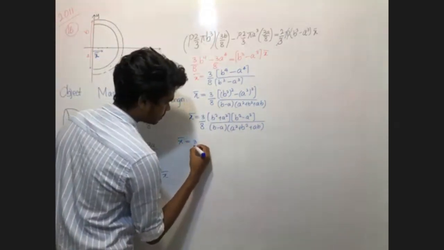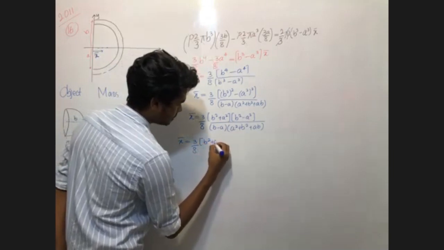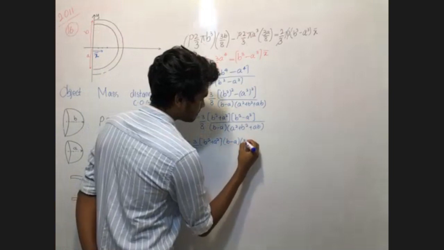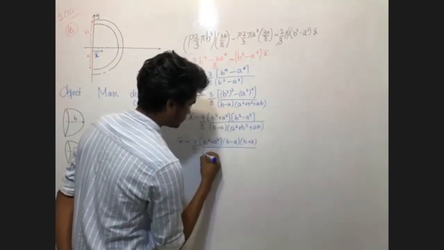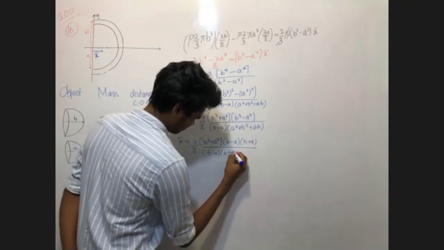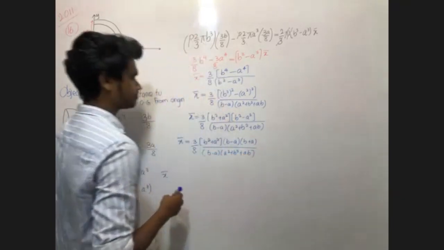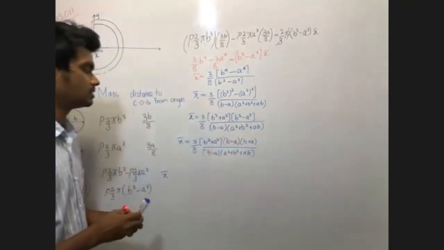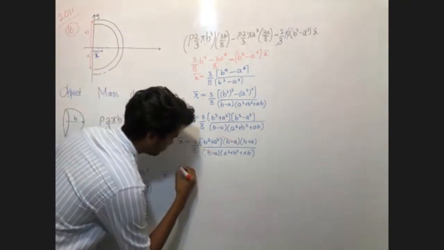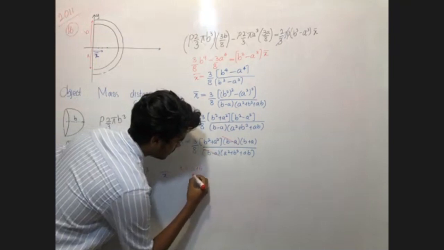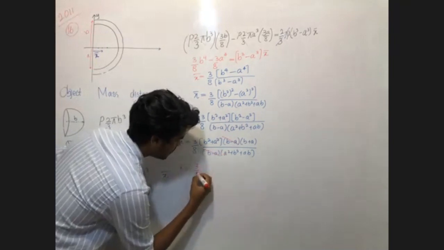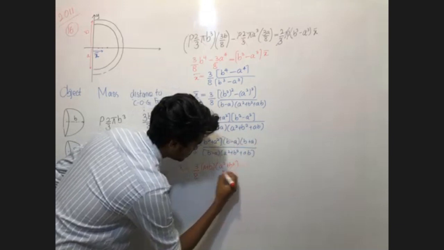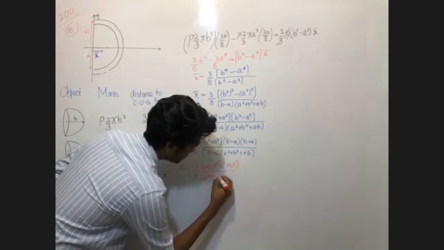X bar is equal to 3 over 8, B squared plus A squared, once again difference of two squares, B minus A, B plus A, over B minus A. So you can cancel this with this, which means what you are going to get is x bar is equal to 3 over 8, (A plus B)(A squared plus B squared) over A squared plus B squared plus AB.